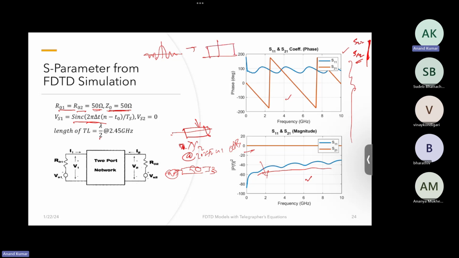Based on the sampling time, if this is 1 by TS, this will be FS. Some sort of relationship is there. So you can choose the width of the sinc function in the time domain, which will give you the length of the rectangular response in the frequency domain.